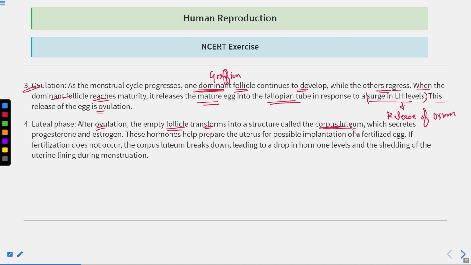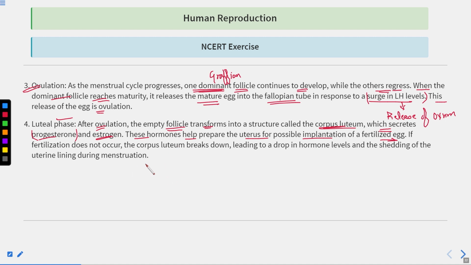The corpus luteum is a temporary endocrine gland which secretes progesterone as well as estrogen. Mainly progesterone is released, so the level of progesterone is very high during the luteal phase. These hormones help to prepare the uterus for possible implantation of the fertilized egg.